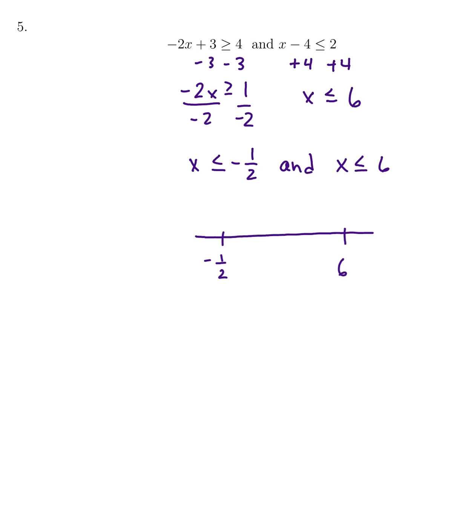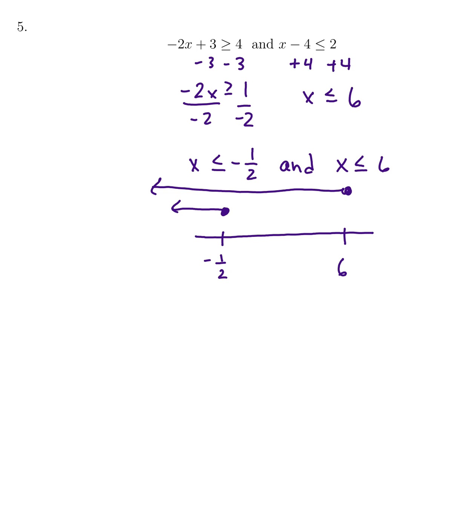This is similar to the OR inequality where they were pointing in the same direction. But this one is AND. So we have to remember that solutions have to satisfy both inequalities. So numbers that are less than or equal to -1/2 would look something like this. Numbers that are less than or equal to 6 would be here. Remember that this is AND, so we were looking for places where the numbers will satisfy both.